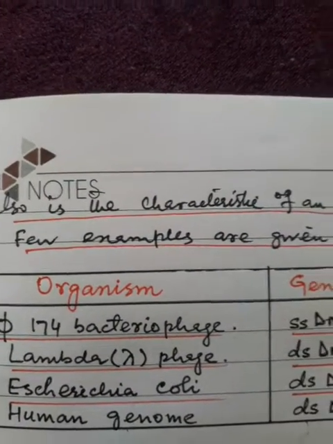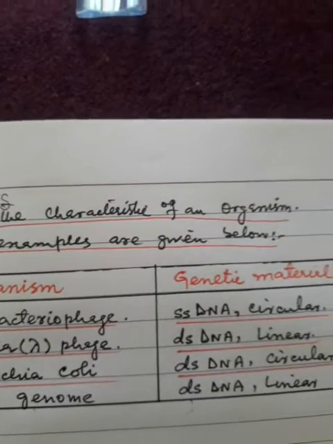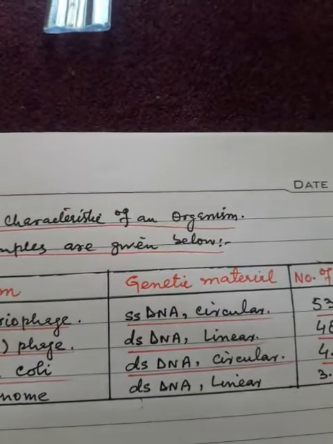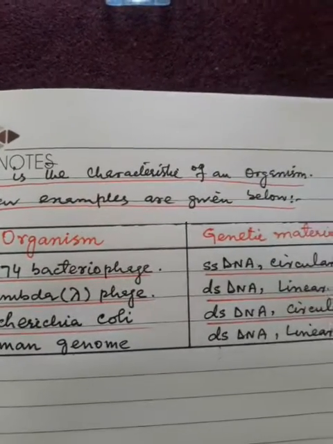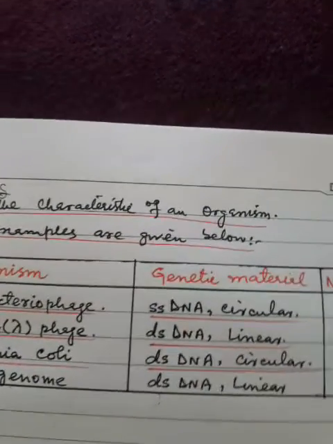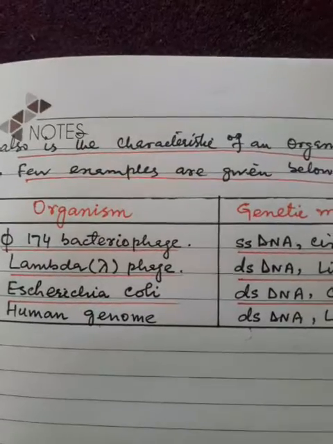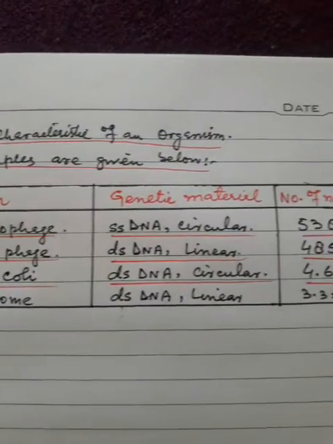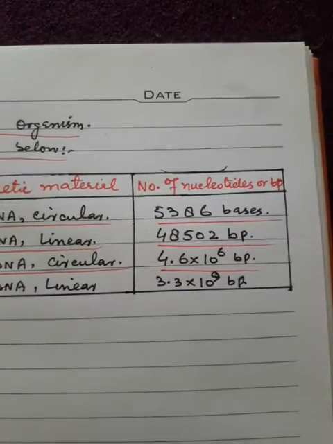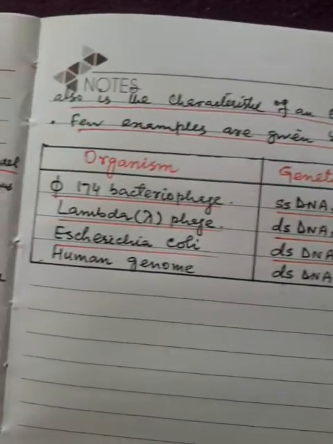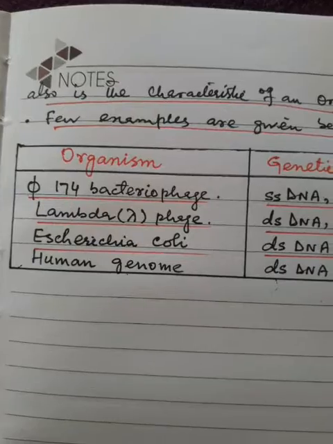This also is the characteristic of an organism. A few examples are given below. Organism, genetic material, number of nucleotides or base pairs.